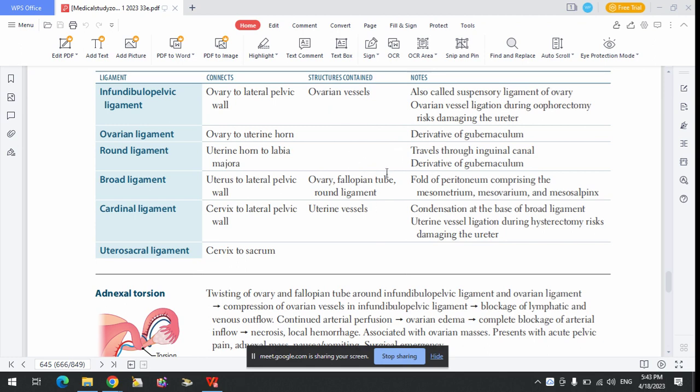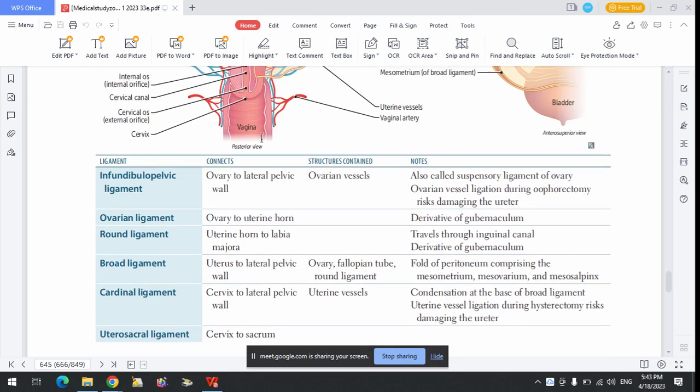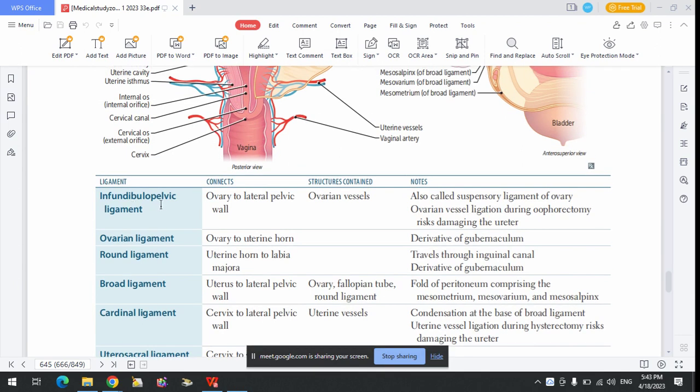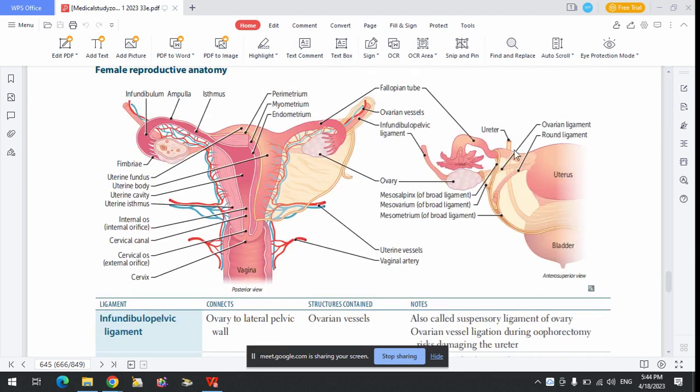If someone is going for oophorectomy, you are going to clamp the suspensory ligament of the ovary, the infundibulopelvic ligament, so that you can identify the ovarian vessels and ligate them. In the process of ligating the ovarian vessels, you might damage the ureter that is just at the back of it, which is this ureter here.